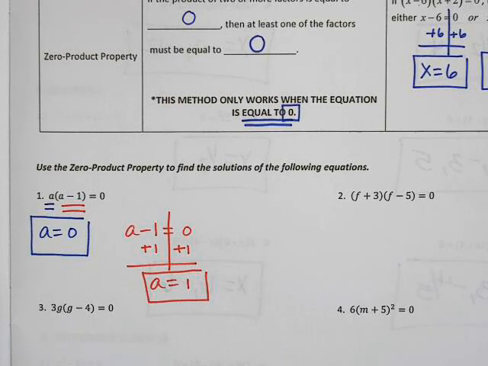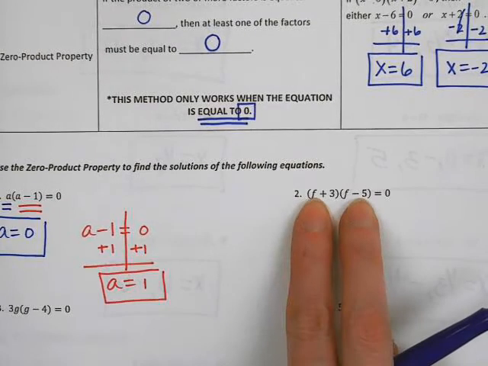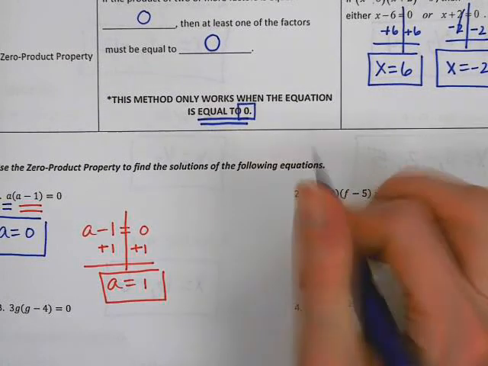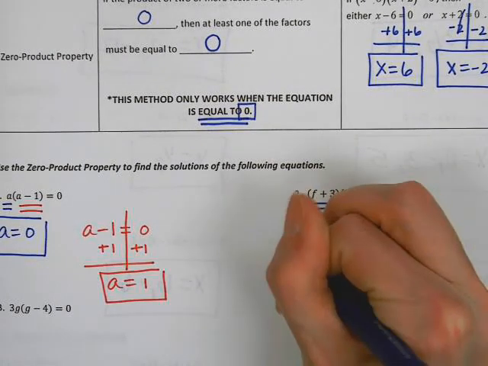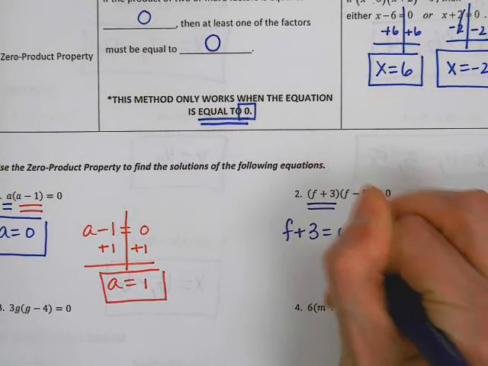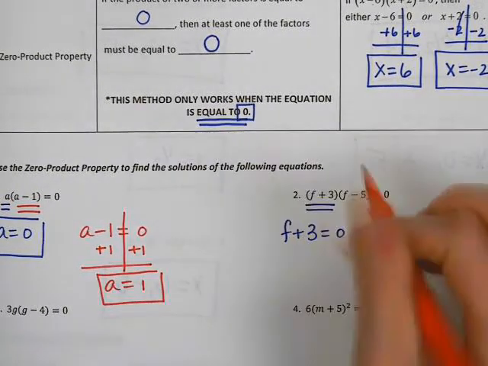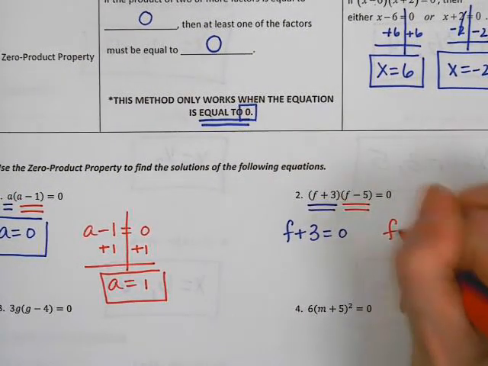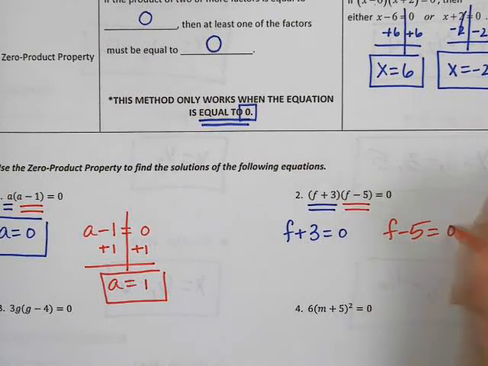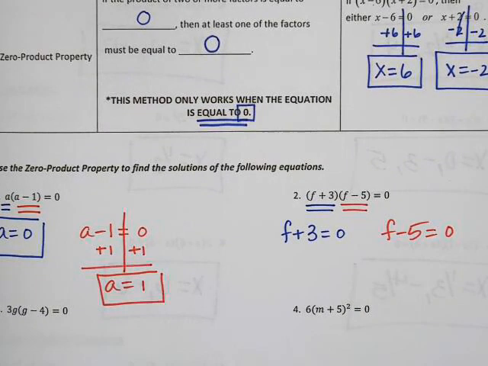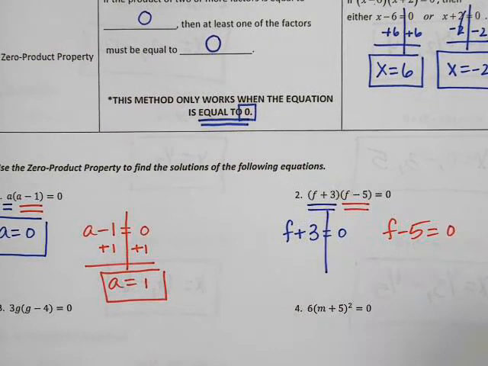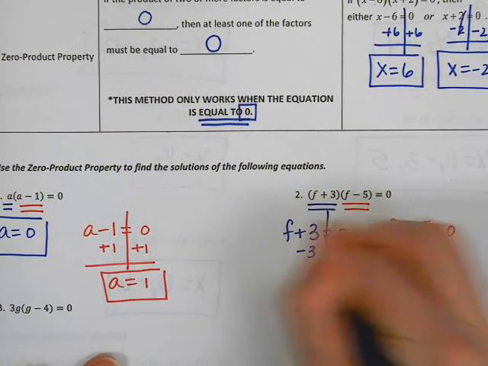All right, let's try number 2. So notice you have the product of two factors equals 0. So let's first set f plus 3 equal to 0. And next, let's set f minus 5 equal to 0. And all you have to do is solve for f. So this one we would draw the wall and minus the 3.